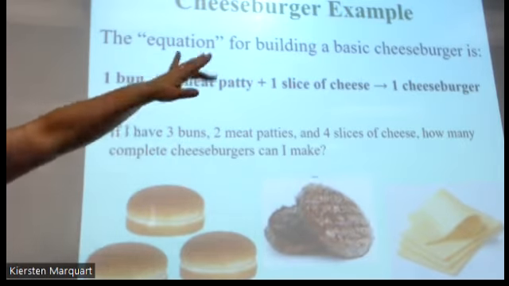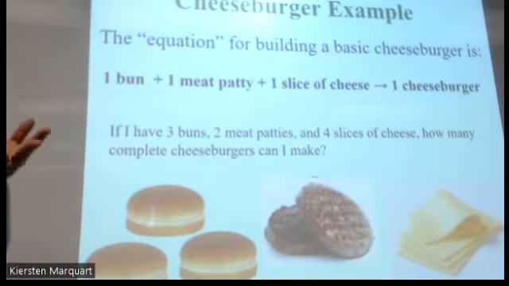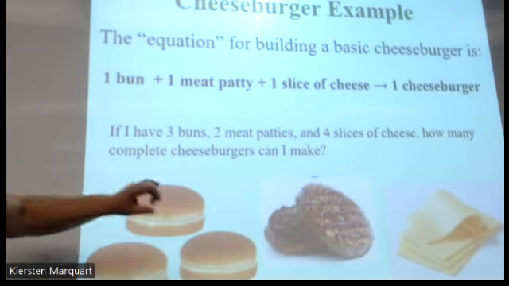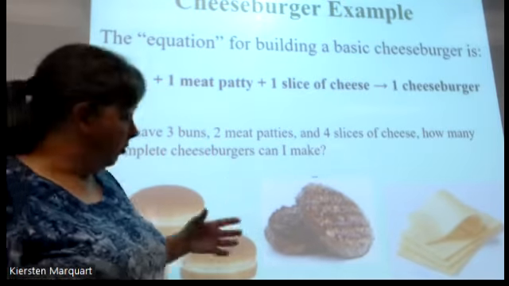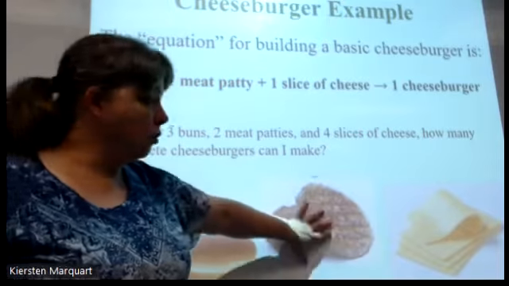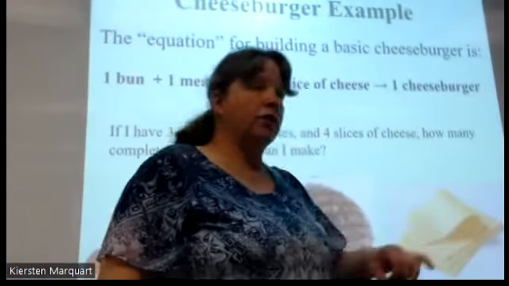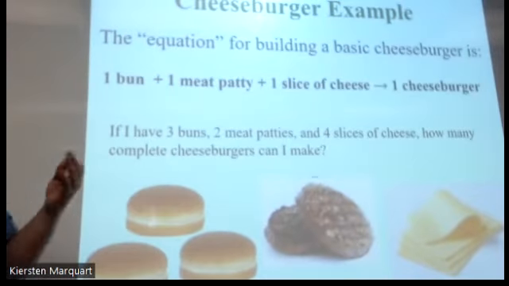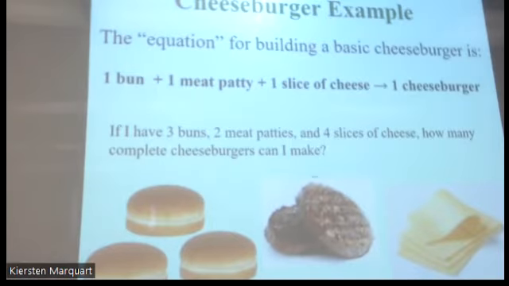So given this equation where it takes 1 bun, 1 meat patty, and 1 slice of cheese to make a cheeseburger, if I had 3 buns, so if I had 3 of this reactant, 2 burgers, and 4 slices of cheese, how many actual burgers could I make? Right? 2. Why? We only have 2 patties.